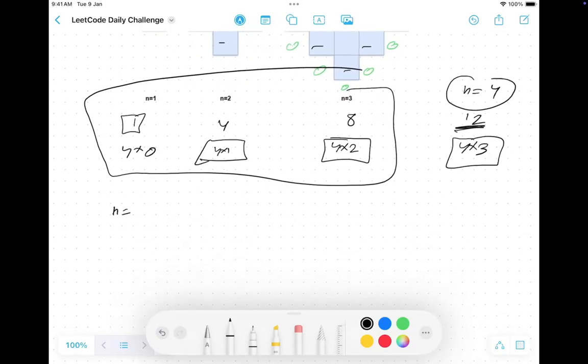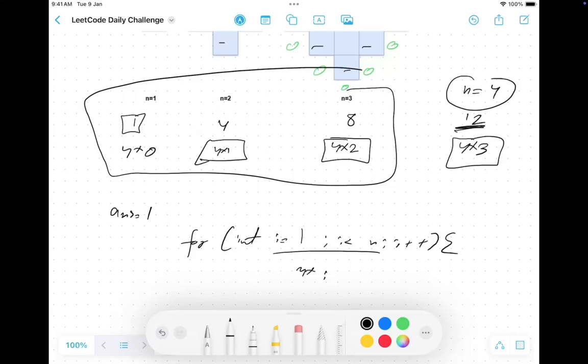So we start with the number of cells. Let's say our answer is initially 1. Then for every other minute, we can start from 2, and we will go till n. On every single minute we have 4 times i new cells, but here I think we have to start i from 1, and it will go till less than n.